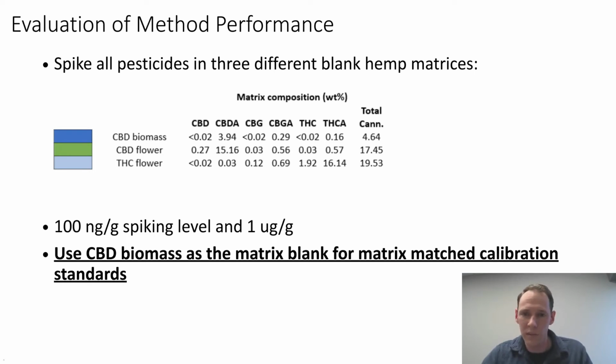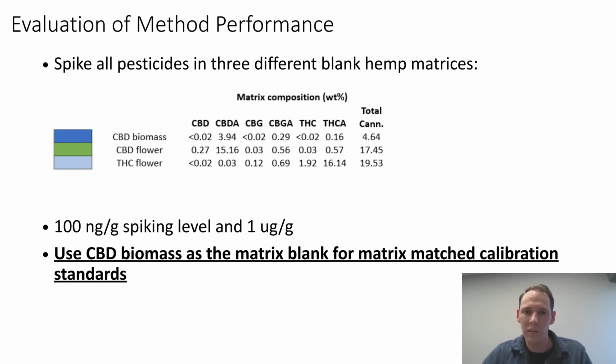I used a CBD biomass, which has a relatively low concentration of cannabinoids because it has more leaves and stems mixed in with it. I also utilized a CBD flower and a THC flower. The cannabinoid concentrations are shown here. These were tested in-house with our cannabinoid potency method.